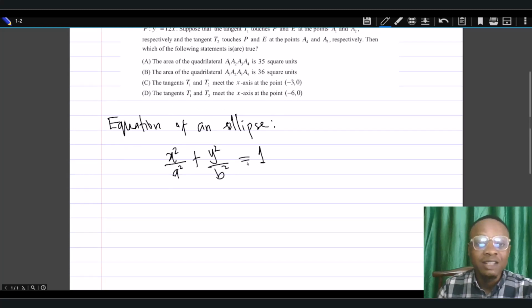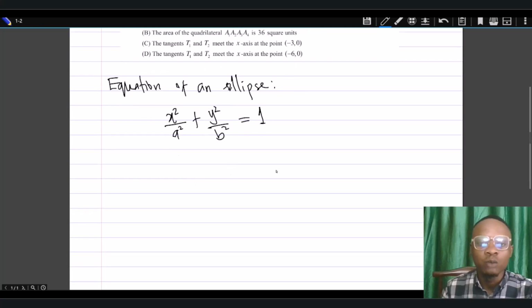In this case, a will be the length of the semi-major axis and b will be the length of the semi-minor axis. And of course, it can also be that b is the length of the semi-major axis and a is the length of the semi-minor axis. It depends on which of a and b is greater.